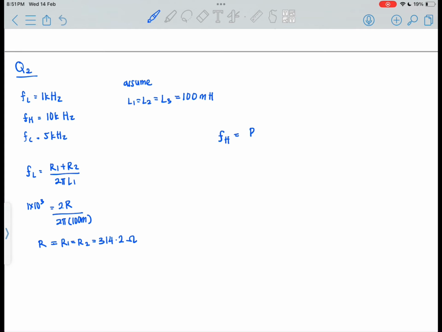And then next, for the high frequency, FH is equal to R3 over 2 pi times L2 plus L3. Then you simplify it and insert the values, and you will get 0.24 for L2 plus L3, and then your R3 will be 12.57 kilo ohms.